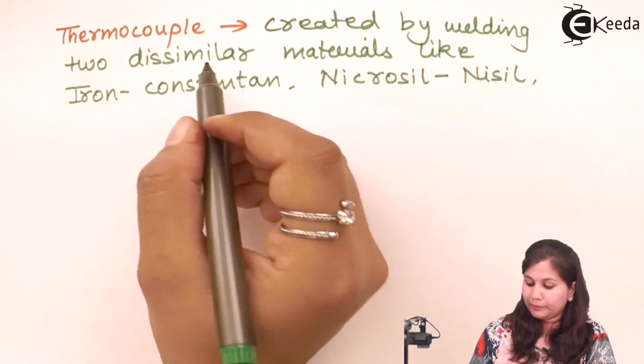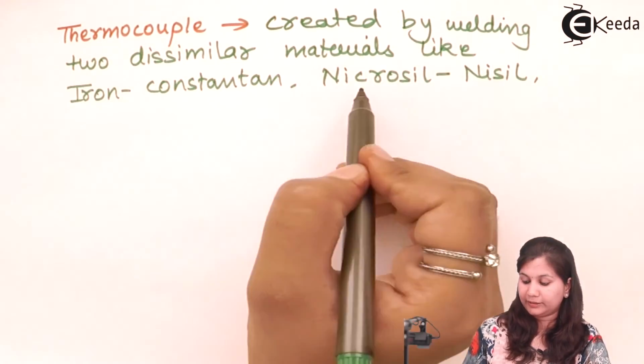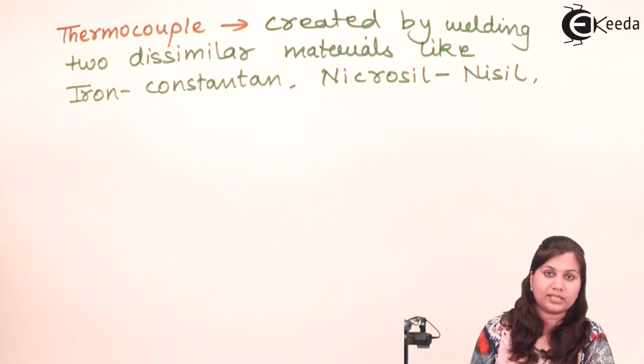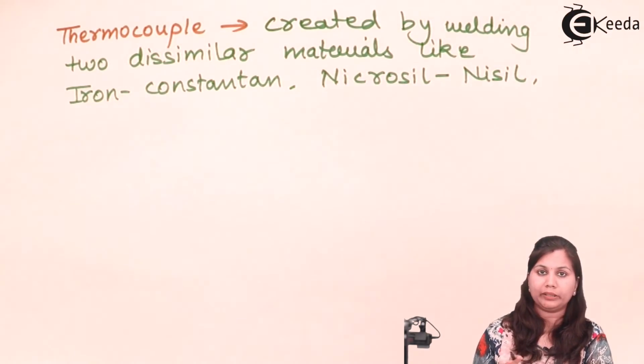So for thermocouple, any two dissimilar materials can be used like iron constantan, nichrome nickel or nickel constantan. So any combination of two dissimilar materials can be used.